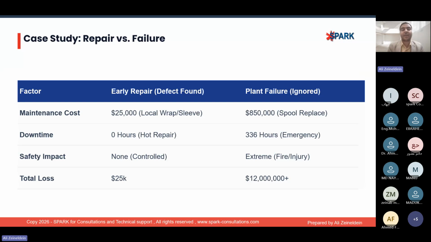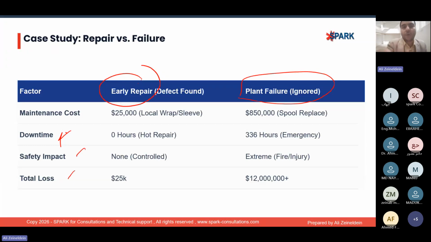This is an example for a case study: maintenance cost, downtime cost, then safety impact, and this total cost. Here, this table explains the comparison between early repair and plant failure.